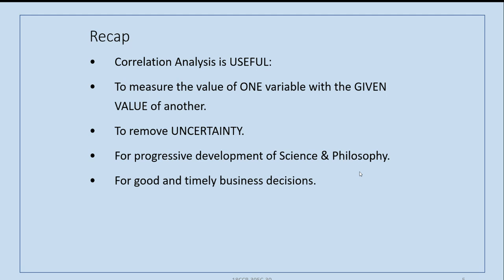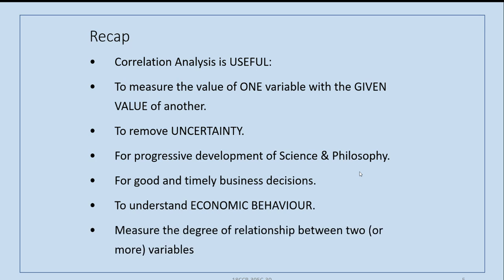Along with that, correlation is used for taking business decisions in time. And correlation is also used for economic behavior. Economic, as I explained in the last lesson, means it is related to the financial aspect of the country, financial things of the country.